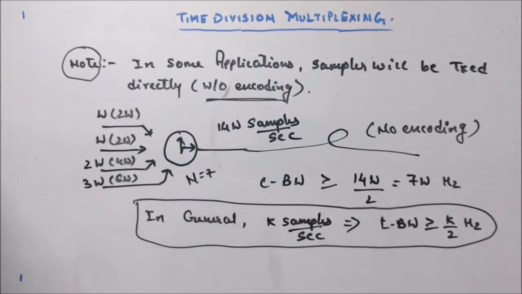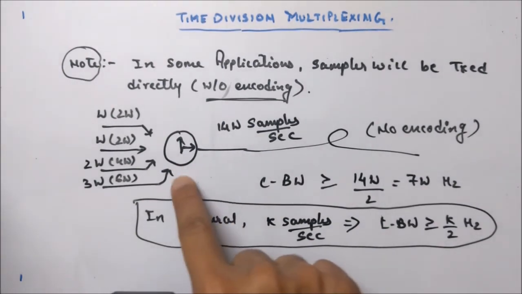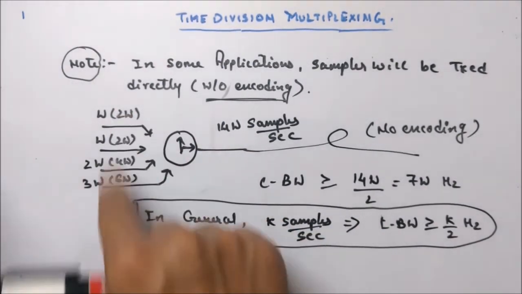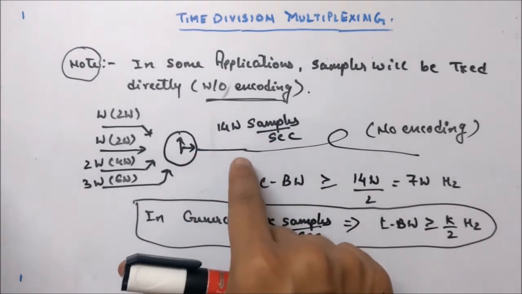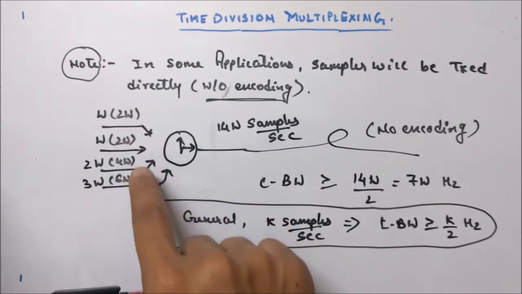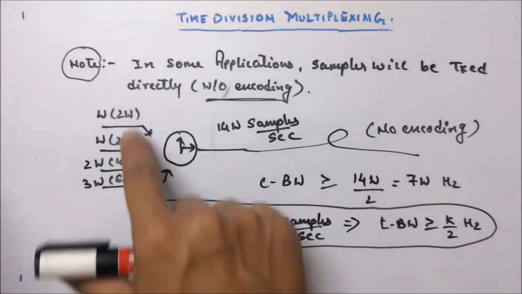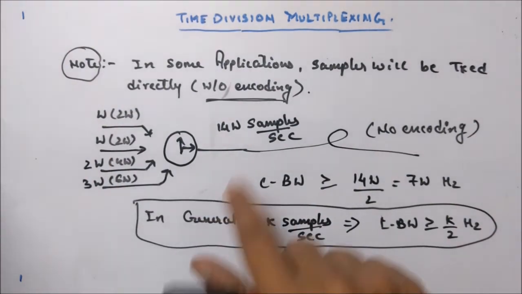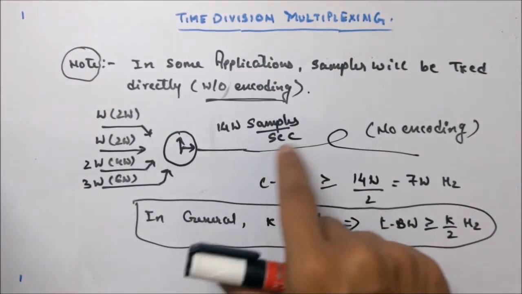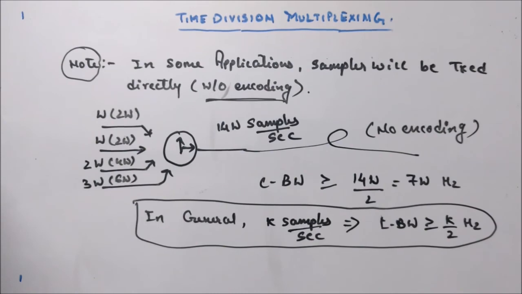But we are not interested in bit rate, so we don't focus on this. We just calculate how many samples per second come out of the commutator. So 2 plus 2, plus 4 plus 6, total 14W samples per second will come out, and without encoding you send this from the transmitter.